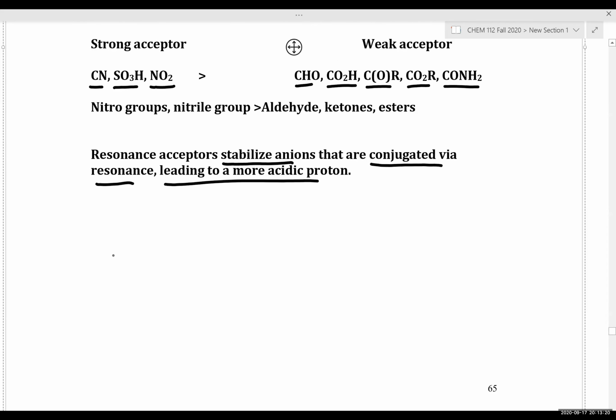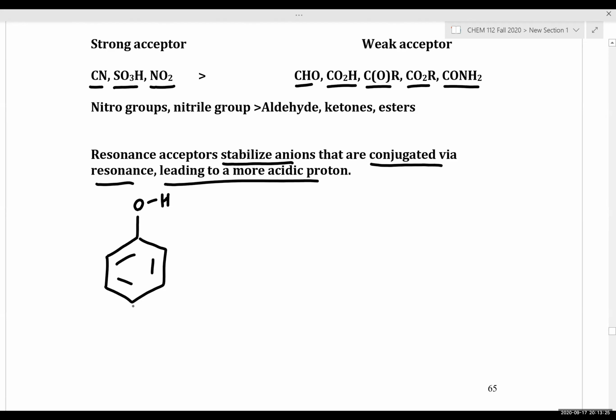To showcase a more direct example, if we look at phenol, para-nitrophenol, these positions are known as ortho, meta, and para, or O, M, and P. And the placement of your withdrawing group can directly impact the effect of resonance acceptors and resonance withdrawing groups on acid strength.